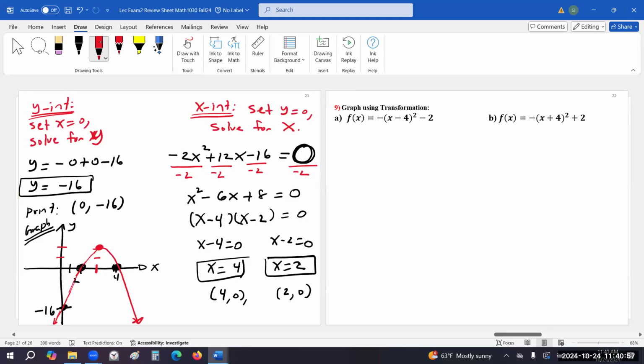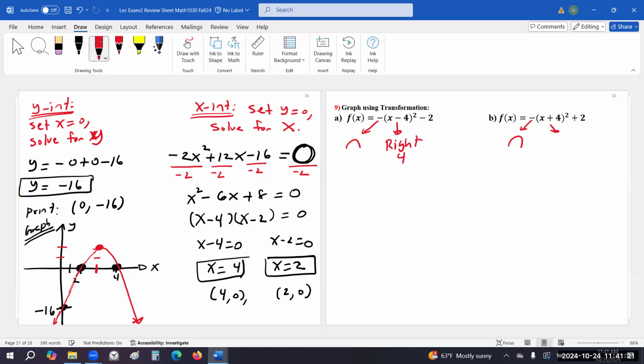Next one is transformation. Negative means reflection. So they both are upside down. Minus inside the parentheses, inside the square, means what? Right.